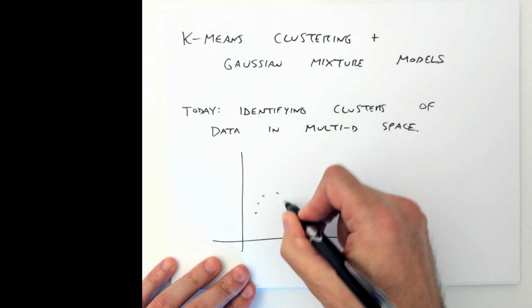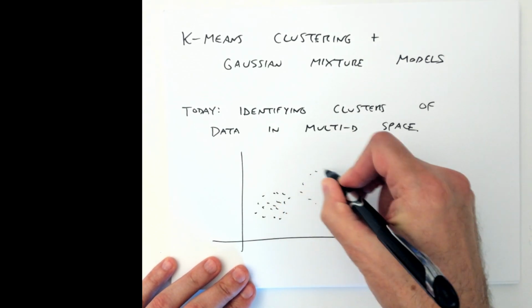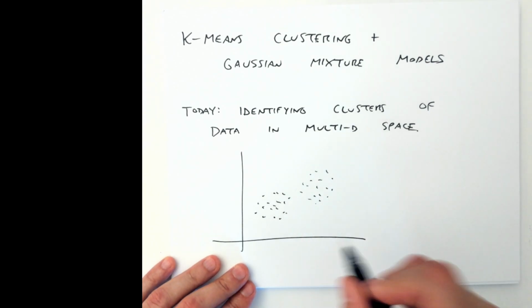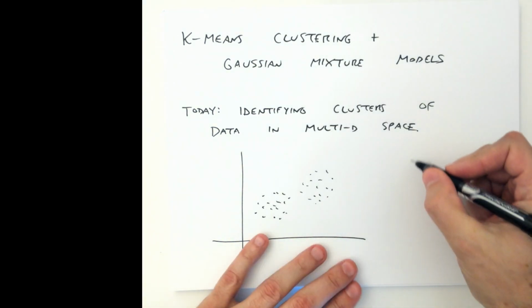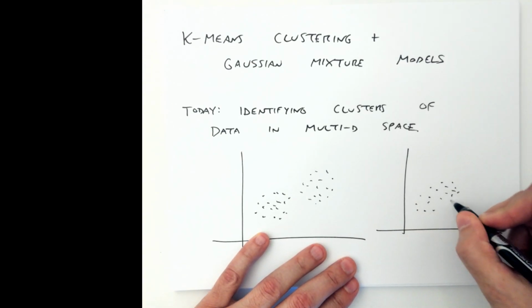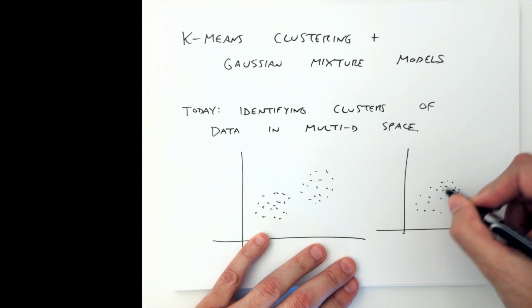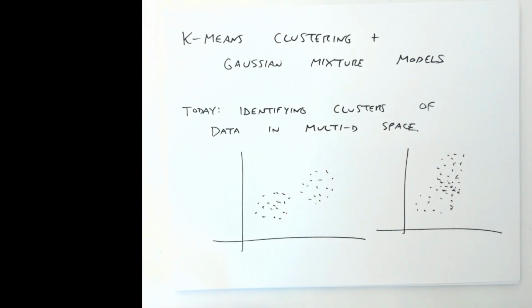The idea is that I see some data here, and I see some data here. To your human eyes, you would say, okay, these are 2 clusters. That's kind of an easy case. A harder case may be something like this, where maybe it's all kind of one big blob, but there's a little bit more overlap between the clusters.